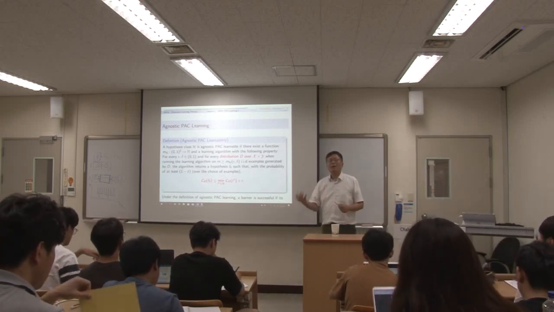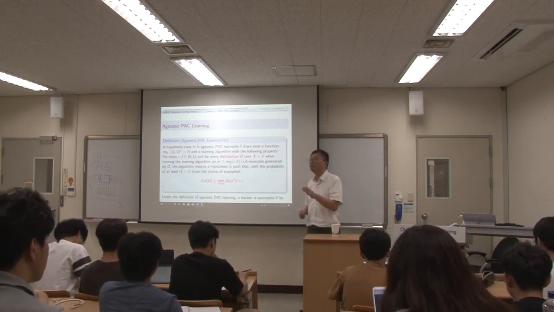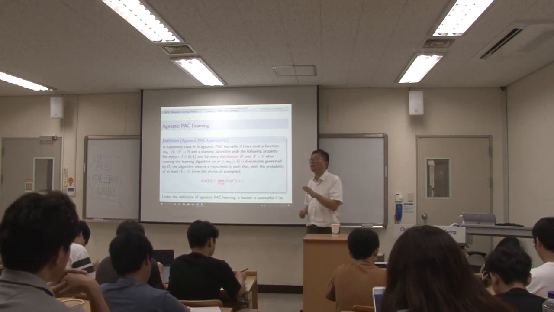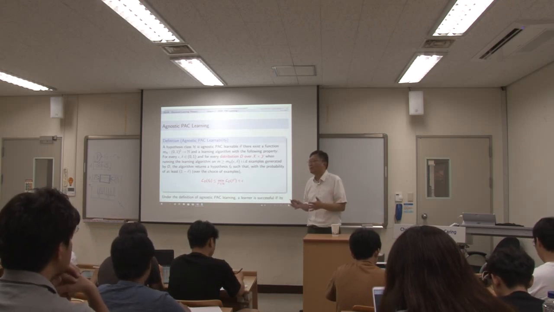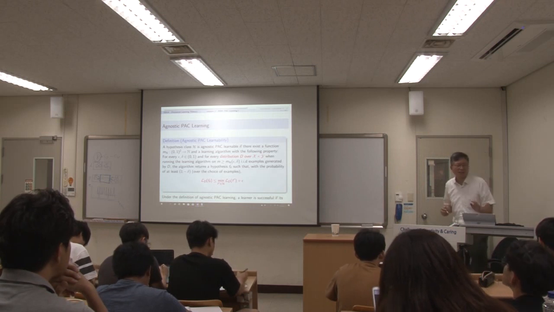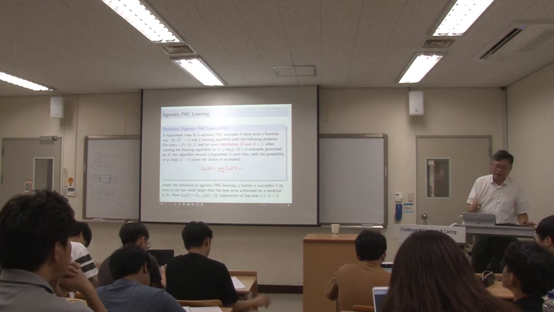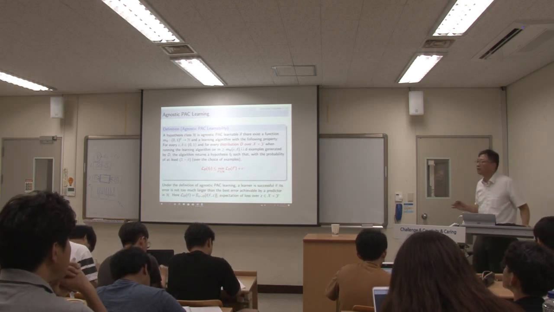Now, let's consider the case where you don't have a deterministic function. Okay? Because it doesn't happen in that way. So here, that's called agnostic PAC learning. And in agnostic PAC learning, it's exactly the same words, but there is no labeling function.